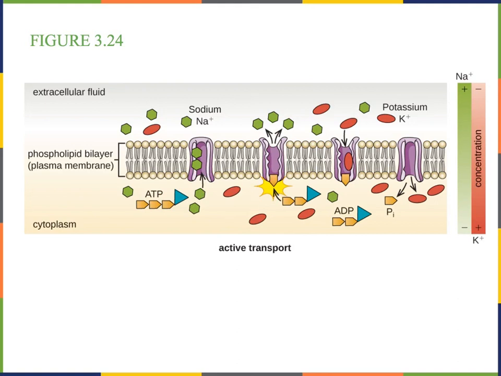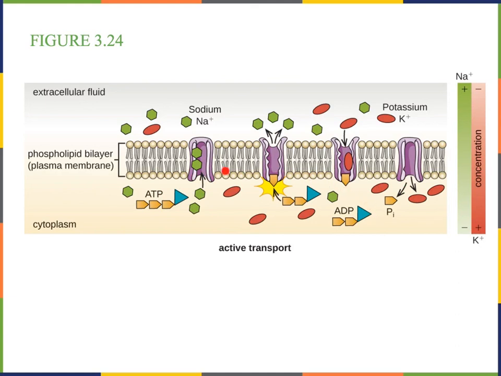Now, in this position where we're open to the outside, we can now have potassium bind. When the potassium binds, that will trigger the release of the inorganic phosphate, and we go back to our original conformation over here that allows sodium binding, and when the sodium can bind, the potassium cannot, and so the potassium is released to the inside of the cell.